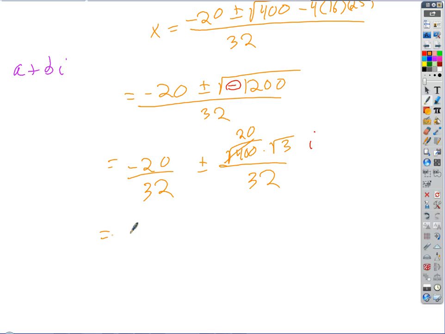So that's going to be negative 5 over 8. Plus or minus, well, there's another 20 over 32, so that's going to reduce to 5 over 8. So we're going to get 5 times the square root of 3 over 8 times i.